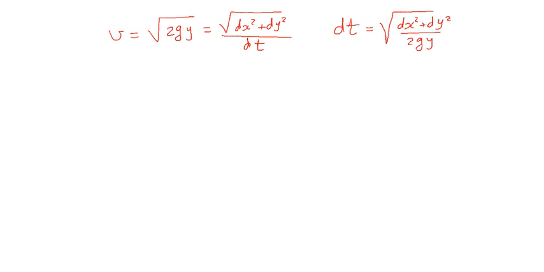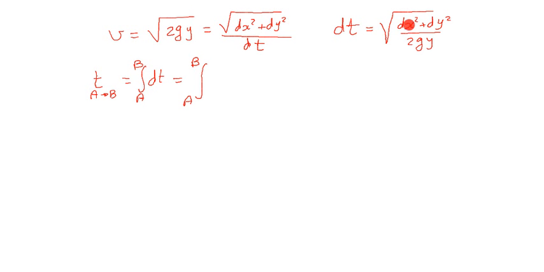And if you want to find the time from the point A to the point B, you need to take a definite integral of dt from point A to point B. However, now for this square root, I will do some manipulation. I will take dx squared outside.